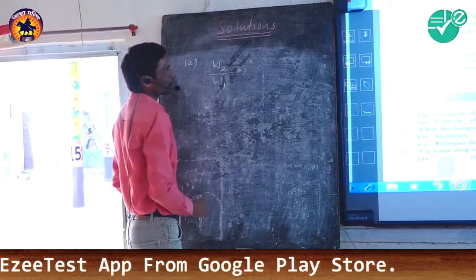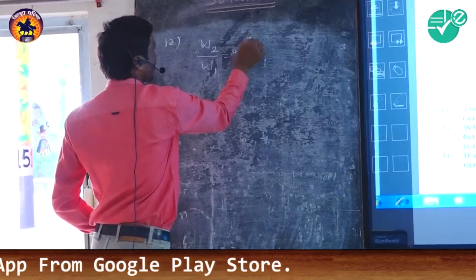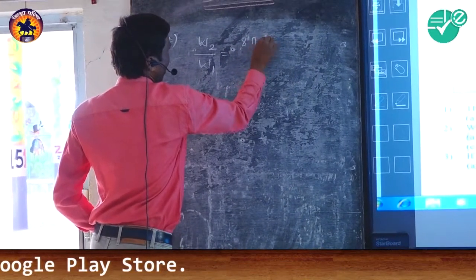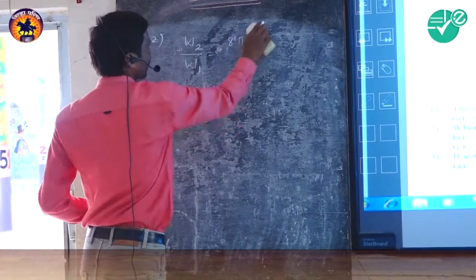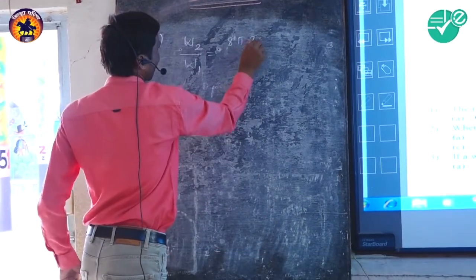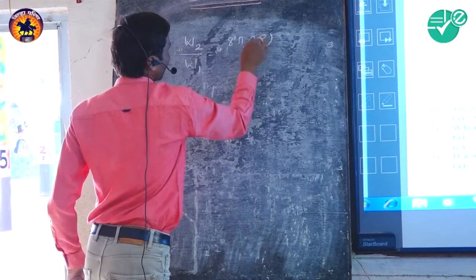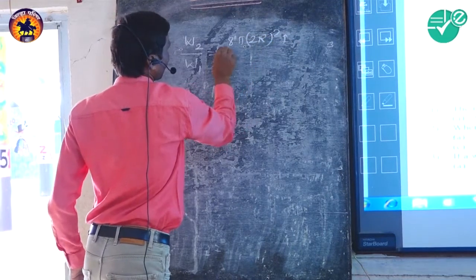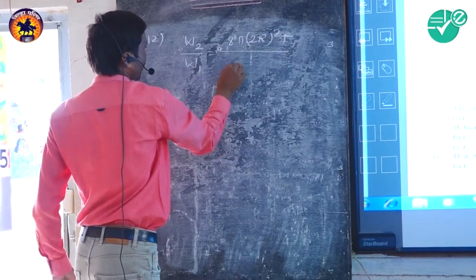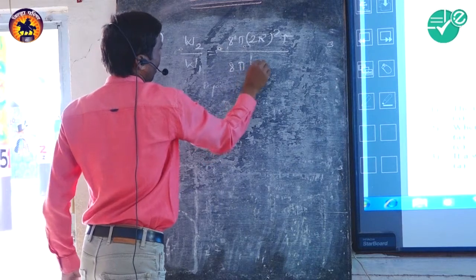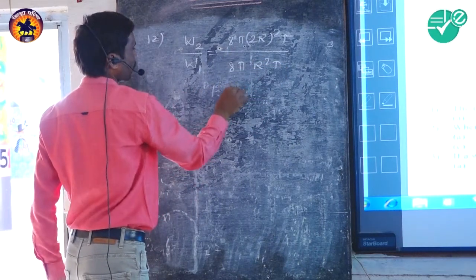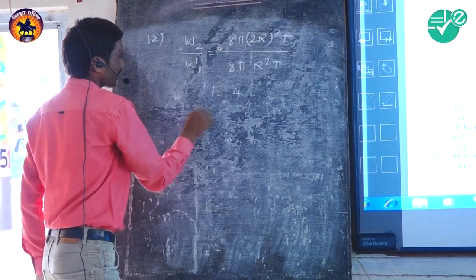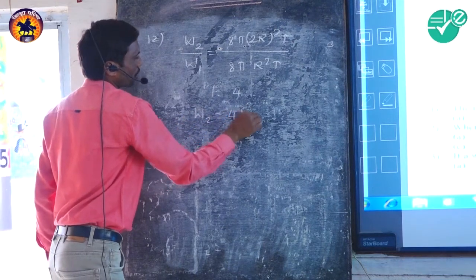W1 is equal to 8 pi r square T, but the second bubble has radius twice r, so 8 pi (2r) square T. By solving this we get 4. It means W2 is equal to 4 W1.